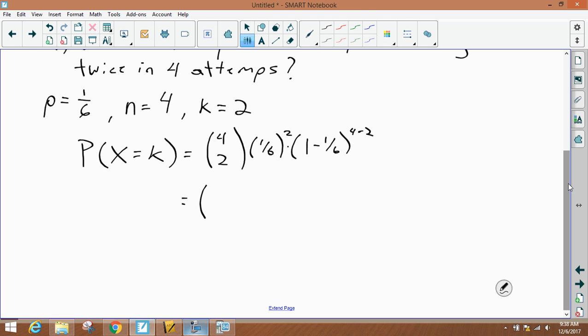Okay, so let's get this part. This is 4 times 3 times 2 times 1 over 2 times 1 times, it's n minus k, so 2 times 1 again.